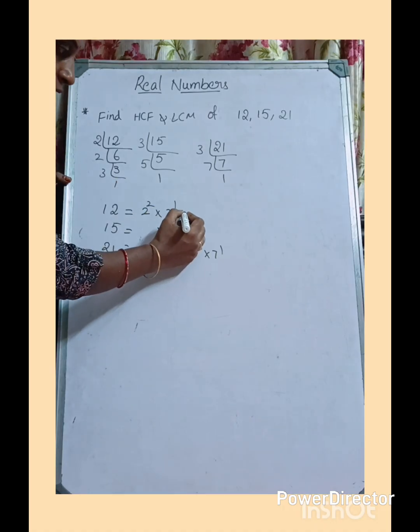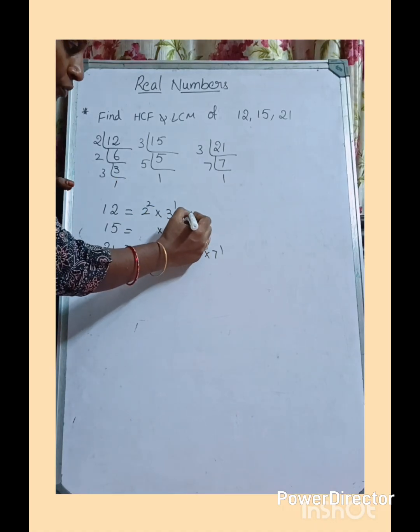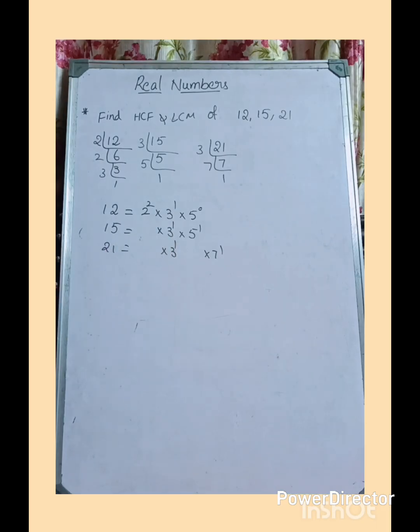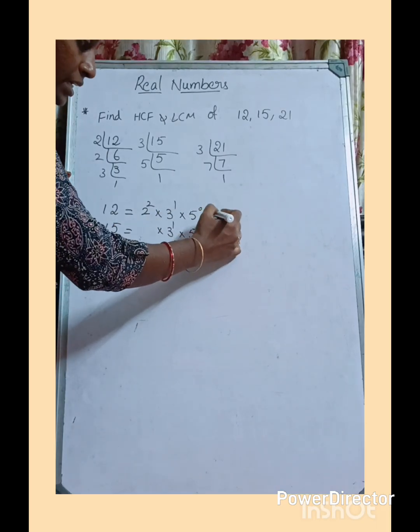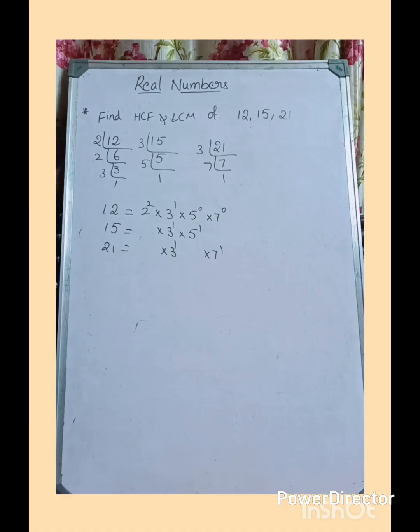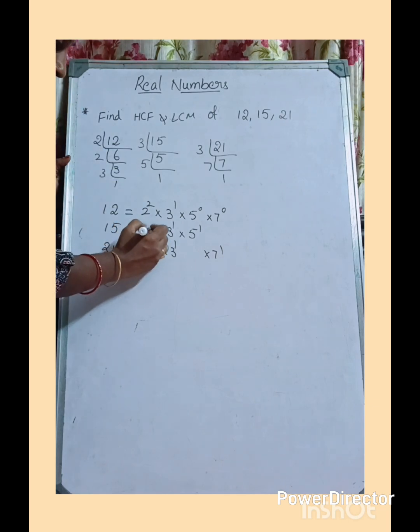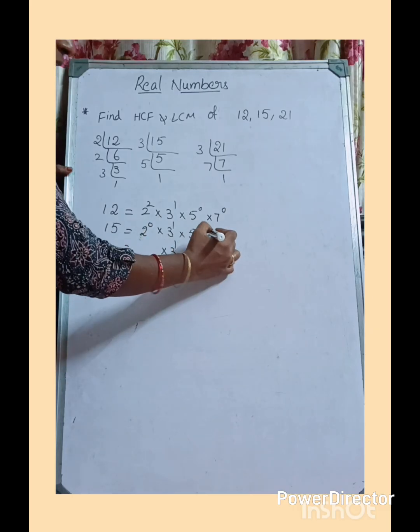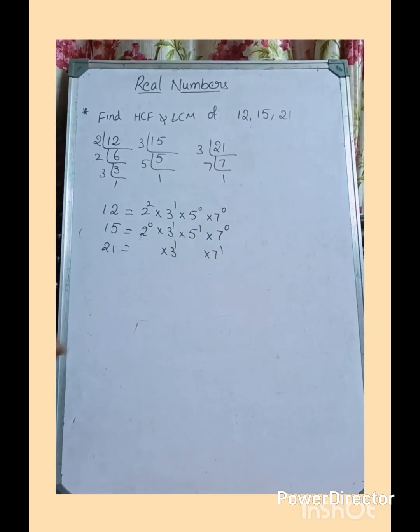So let's write them without changing the value. 5 can be written as 5 power 0, and 7 we can write as 7 power 0, because any number to the power 0 represents 1. We did not change the value here. Now in 15, 3 and 5 are there. What numbers do I have to write here? 2 and 7. So we can write 2 power 0 and 7 power 0 here.